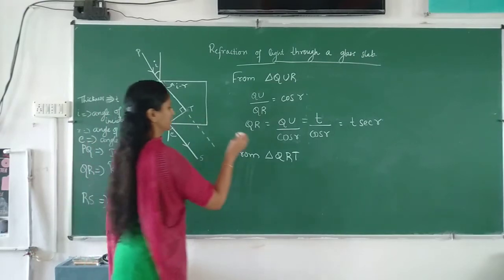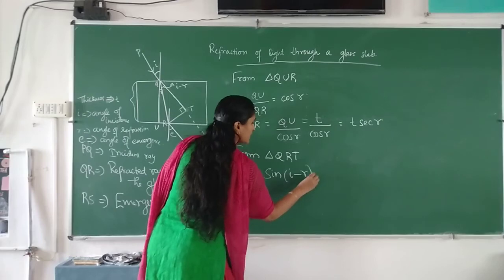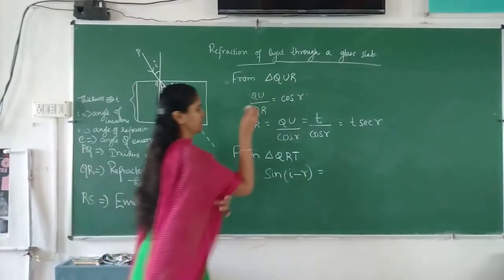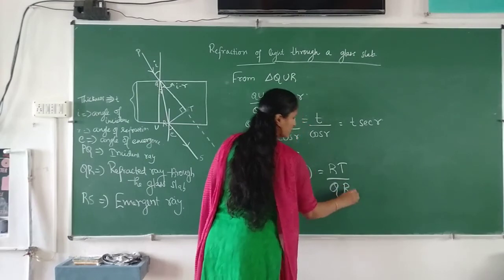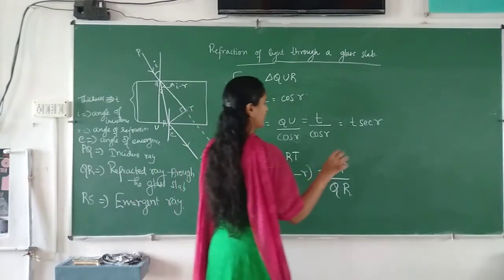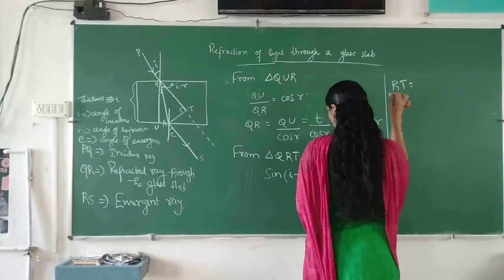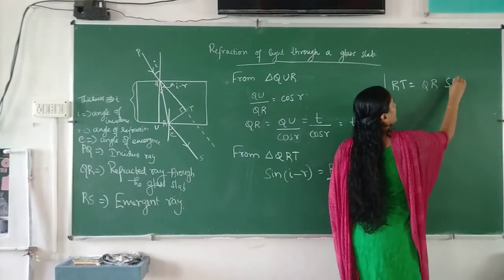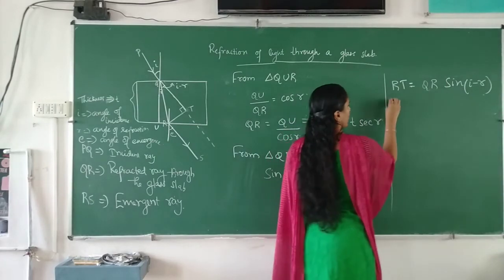So sin(I minus R) is equal to RT by QR. What we have to find? We have to find RT. No? So we can write RT is equal to QR into sin(I minus R), and RT is the lateral shift or lateral displacement.